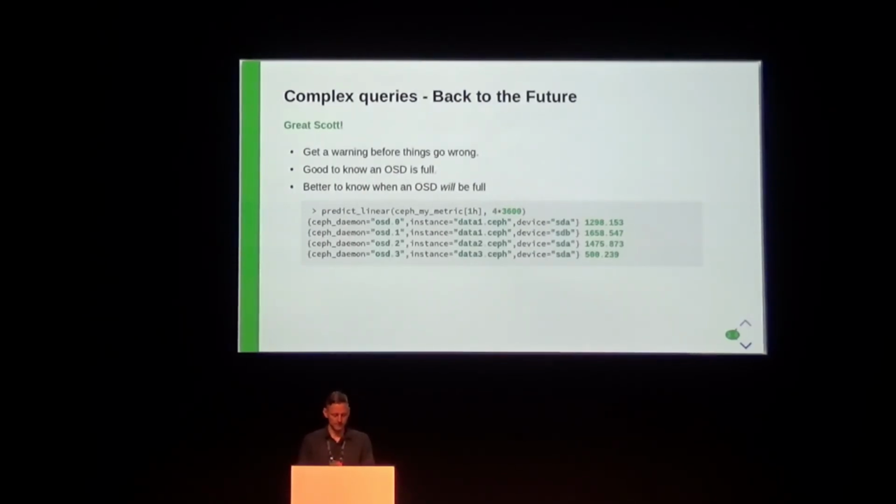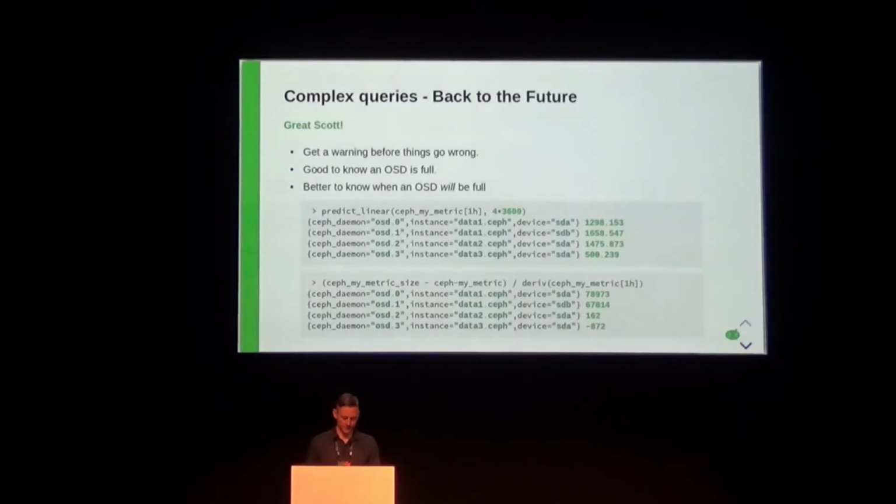I mean, we can now look into the future for 4 hours and see how full this particular OSD might be. Even better would be if we actually can get a time of that, and we can. With some clever math. It's actually not that clever, but I'm not going to go into how you arrive at that. You can actually ask Prometheus to give us a prediction of when this metric is going to be full.